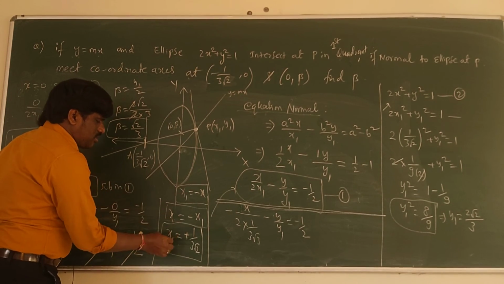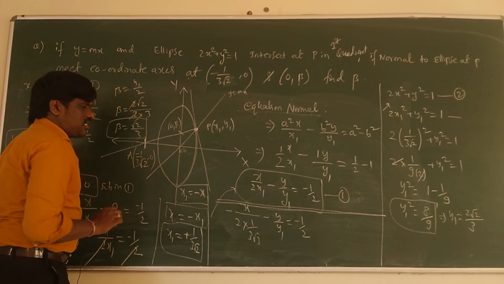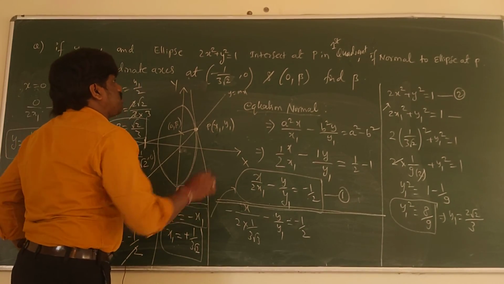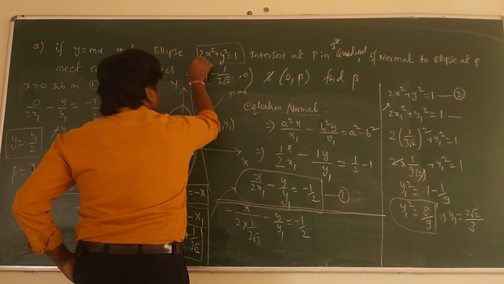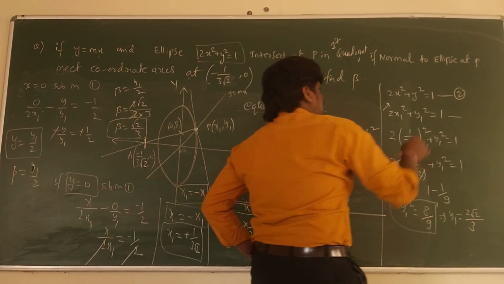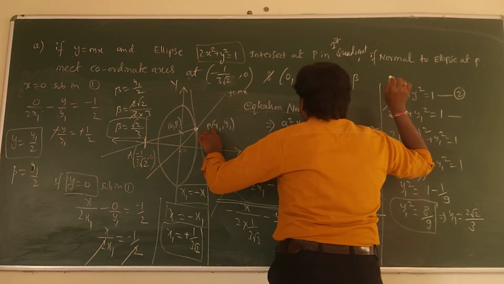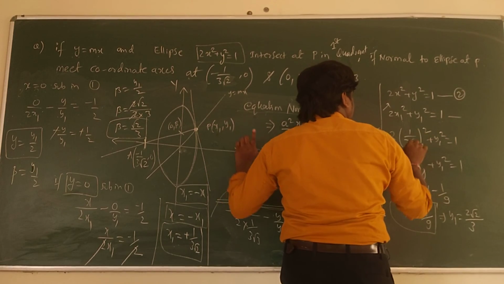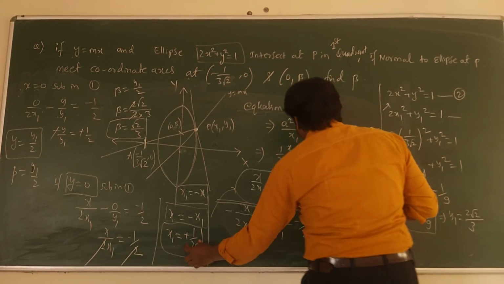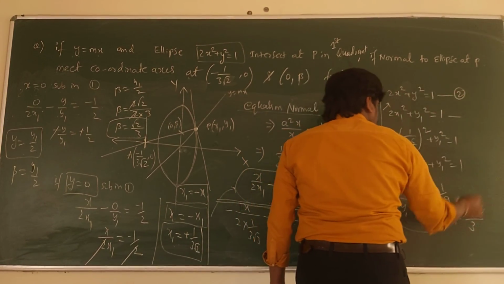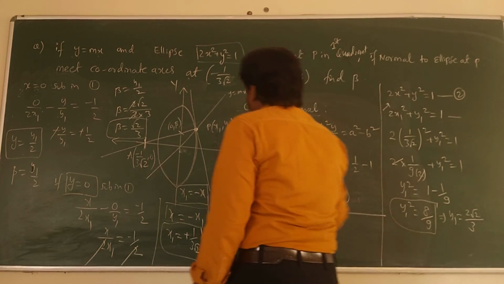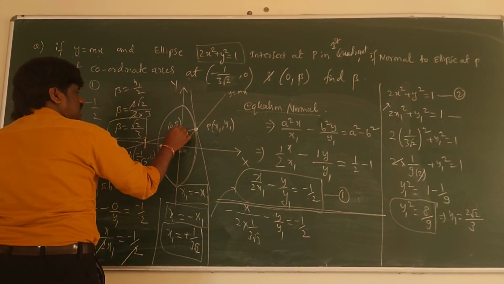So just you have to substitute x1 is equal to 1 upon 3 root 2. This value we have substituted in the equation of the ellipse. Equation of the ellipse is this. And this ellipse is passing through this point also, so substituted this point in this, and this x1 value we have substituted here. Therefore we got the y1 value.